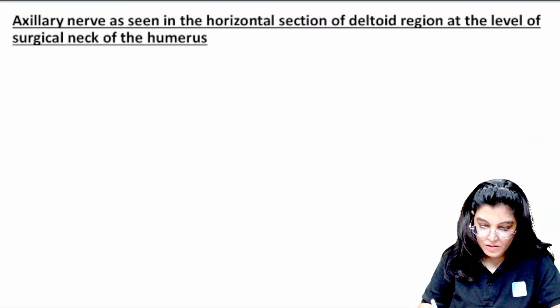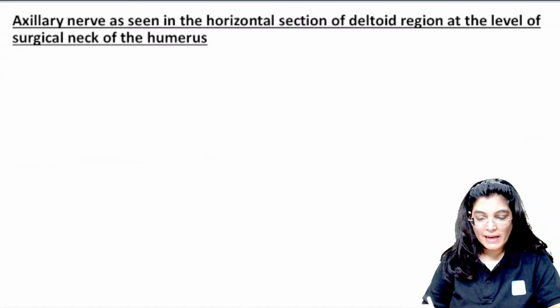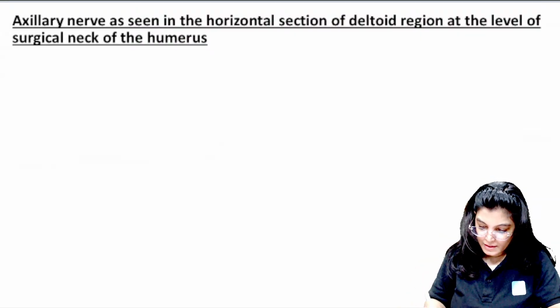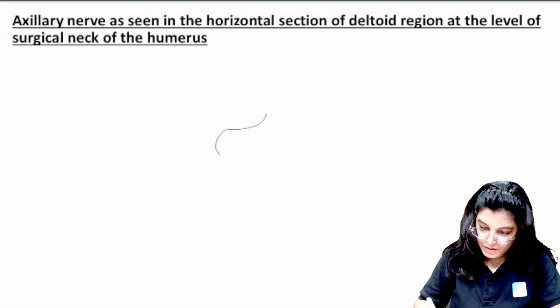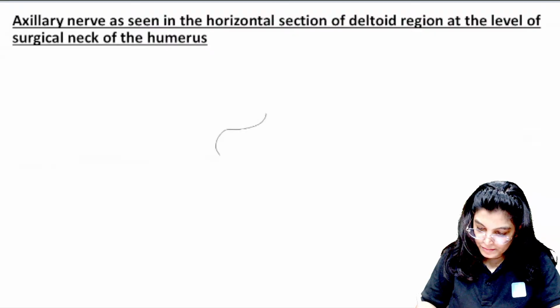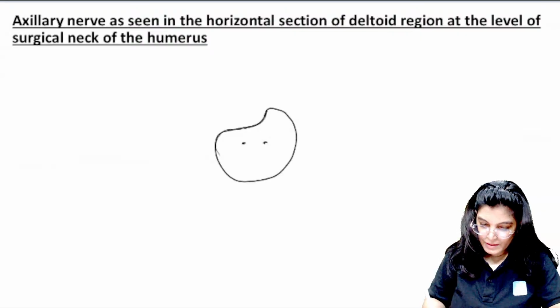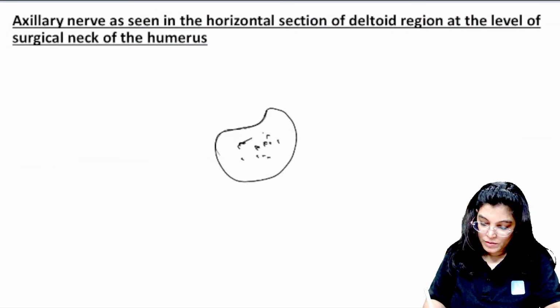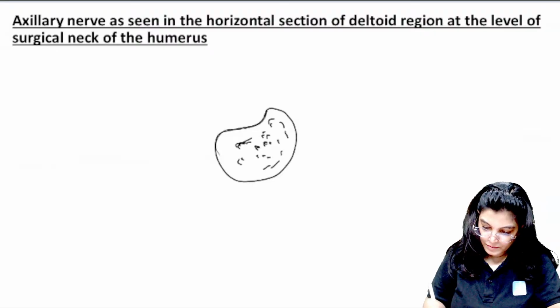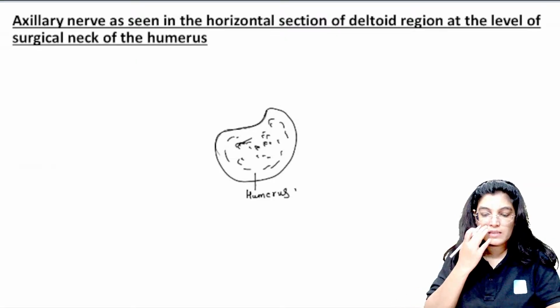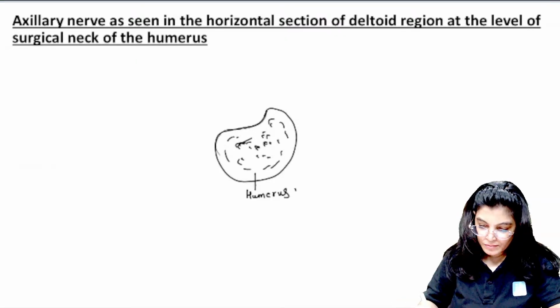Okay, so we can just make a diagram. For that, this is a section cut point of the humerus bone.